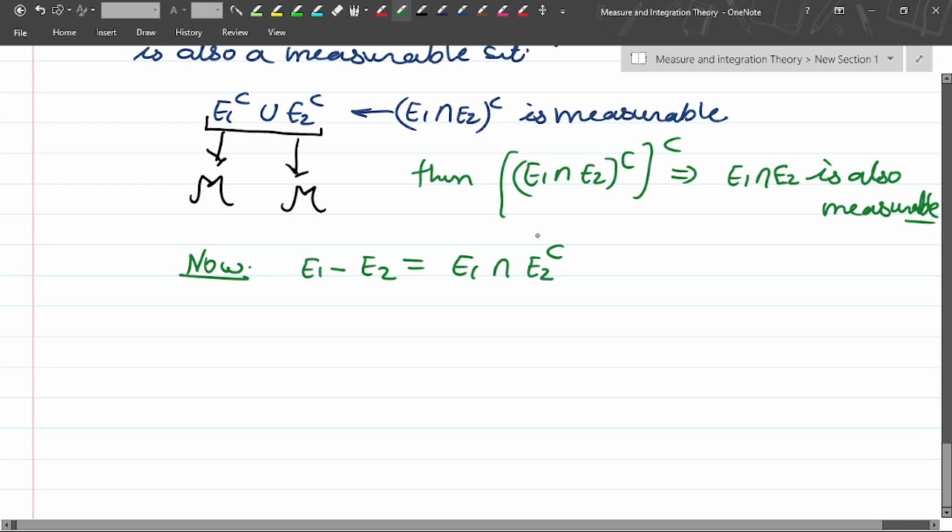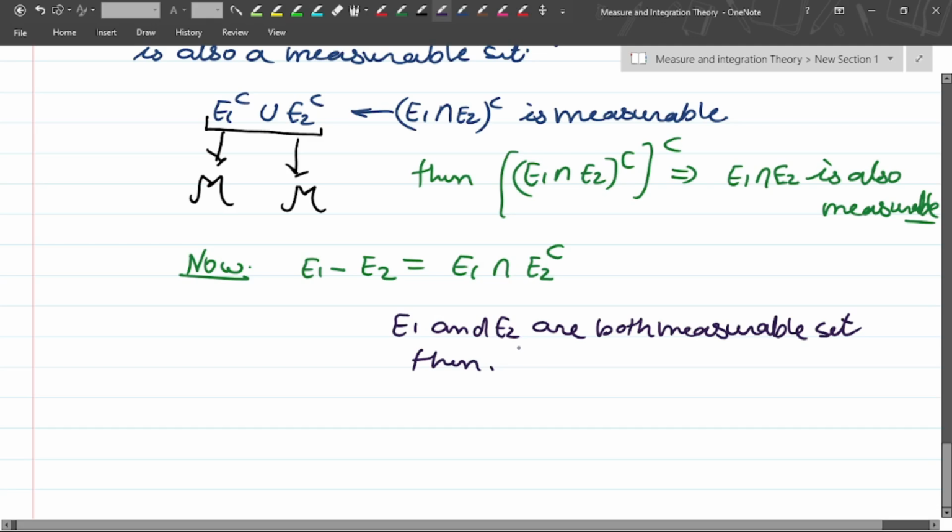Now E1 and E2 are both measurable sets, then E2 complement is also measurable, and the intersection of E1 and E2 complement is also measurable.